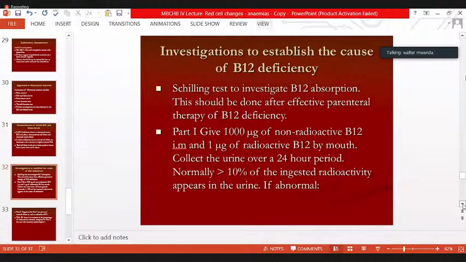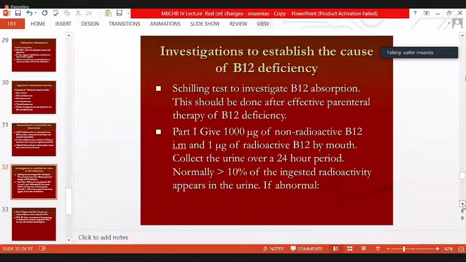You may know that vitamin B12 deficiency, which is associated with pernicious anemia, usually has a malabsorption of vitamin B12. In pernicious anemia, we have three things. One, clinically, we may have subacute combined degeneration of the spinal cord.